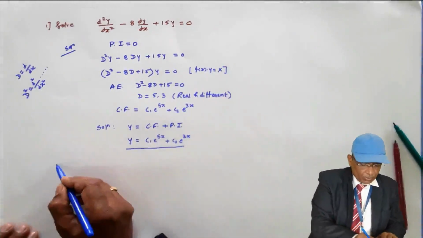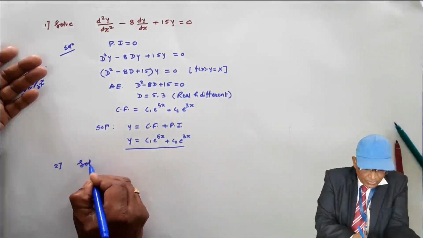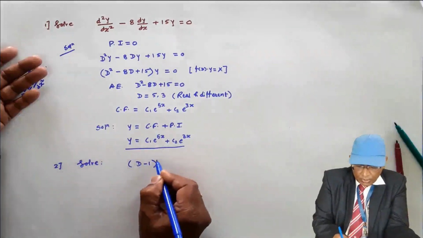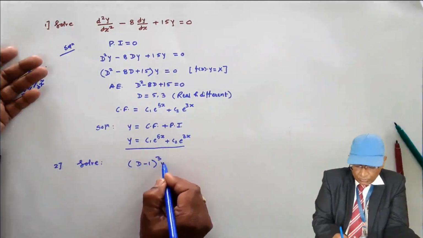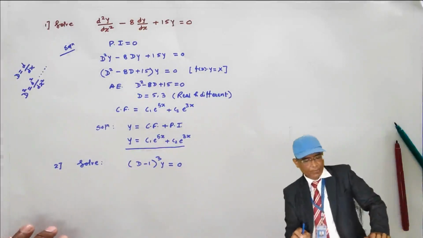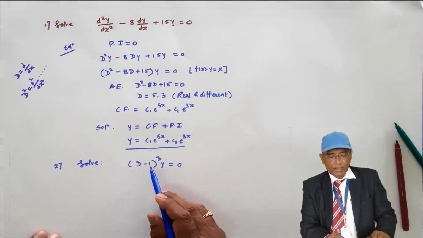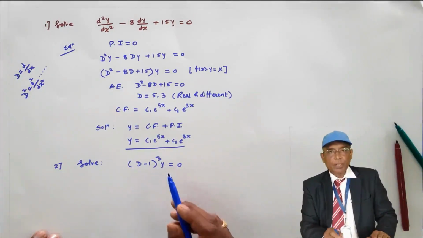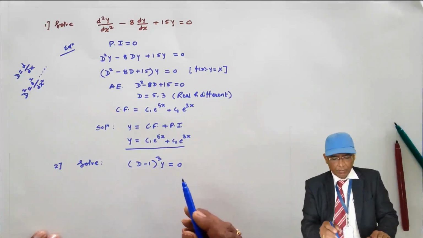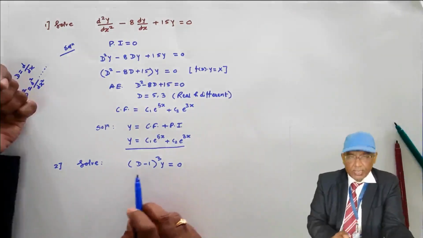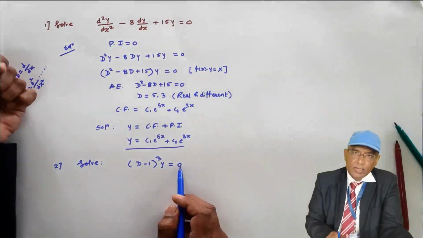solution. Second problem, solve the differential equation. Here this differential equation in terms of D is already given to you. This differential equation means D cube minus 3D square plus 3D minus 1 is equal to 0. If you look at this differential equation carefully, the right hand side is 0.